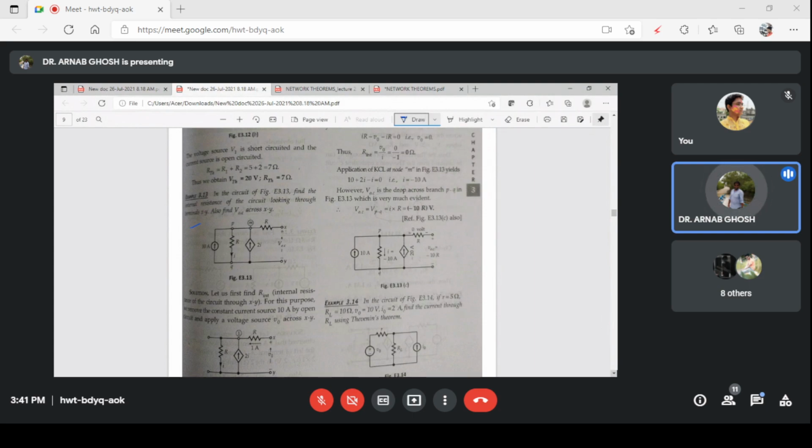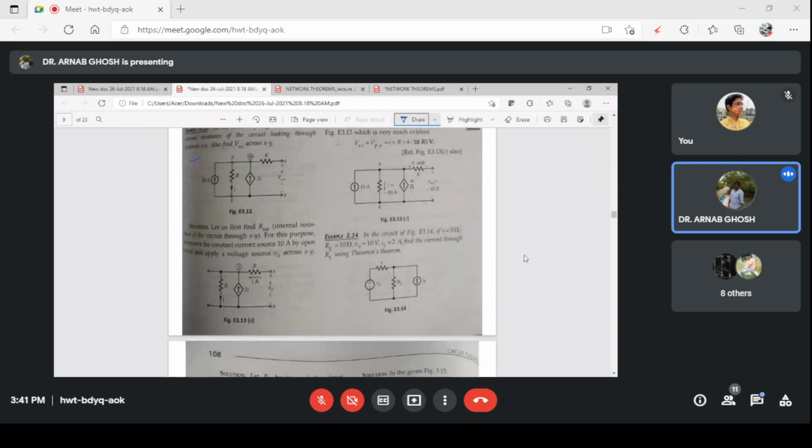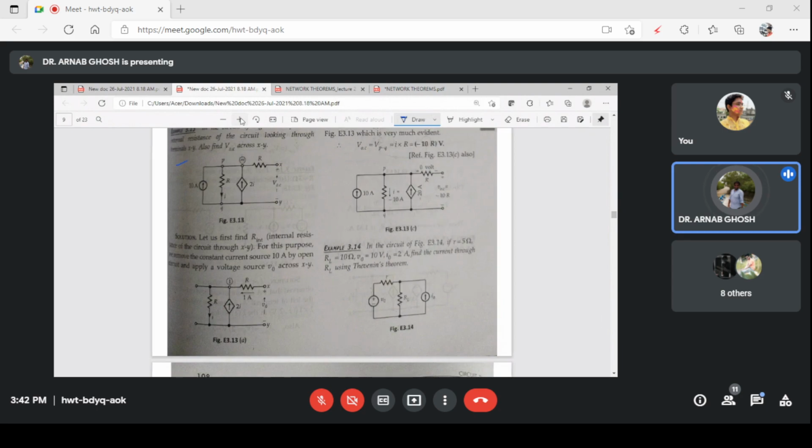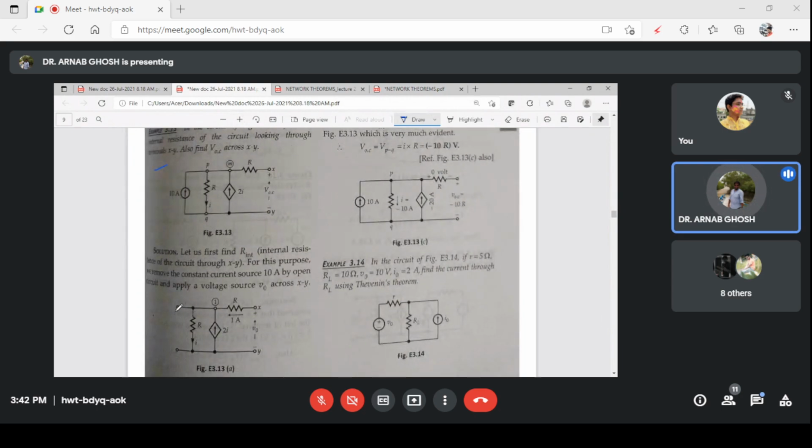First, we are removing this constant current source of 10 amp, making this part of the circuit open circuit, and applying a voltage source V0, the open circuit voltage across X and Y. If this is visible to you, we are considering this to be open circuit and we are applying a voltage V0.